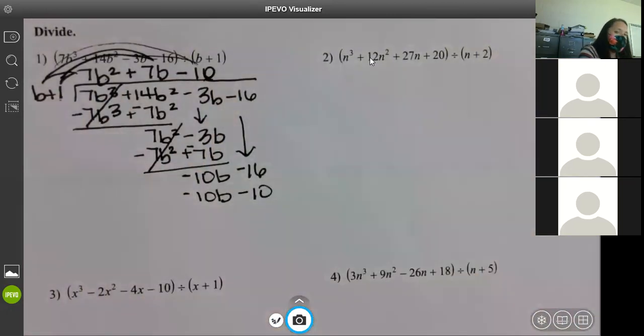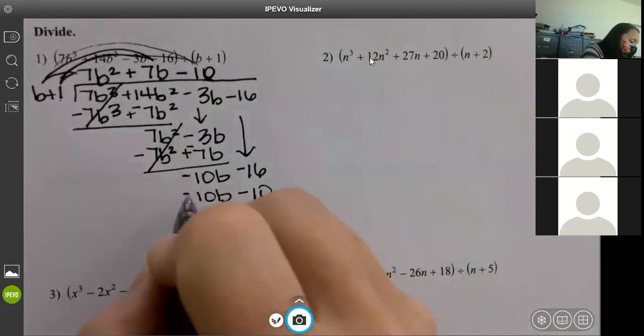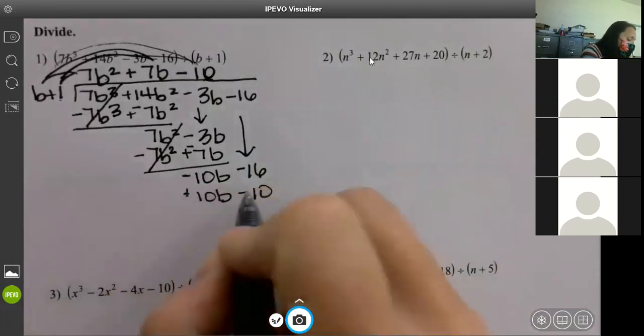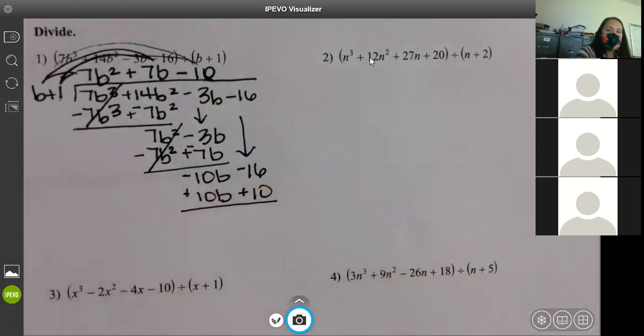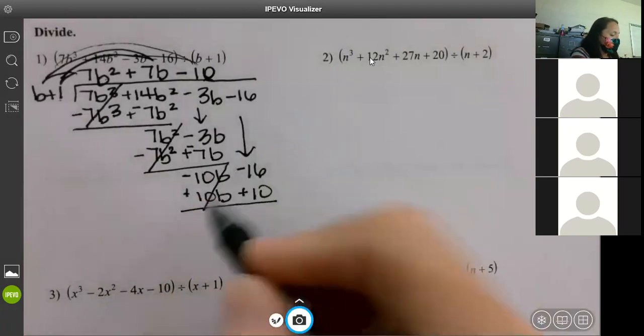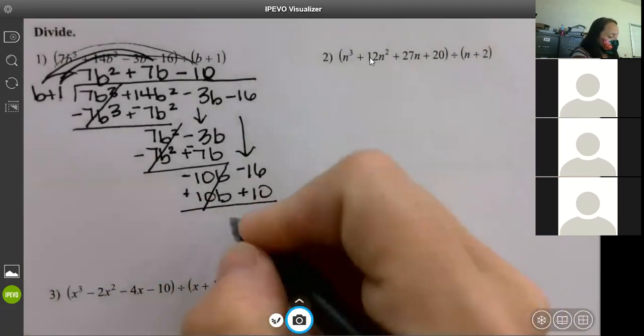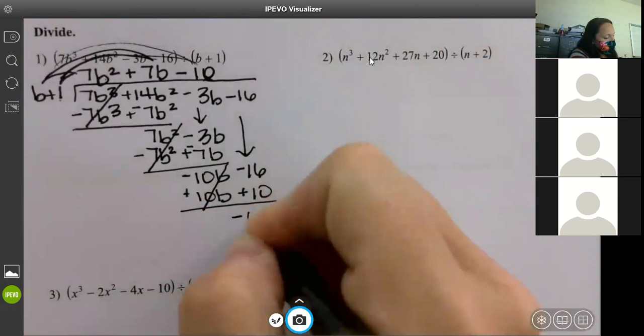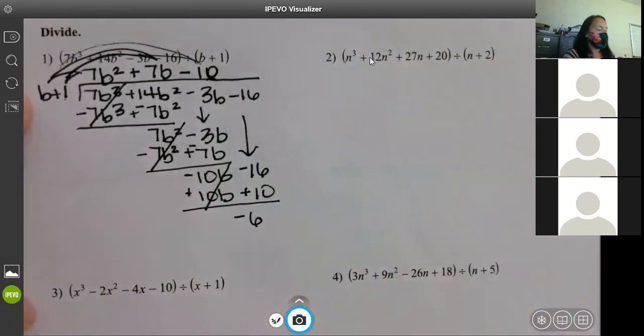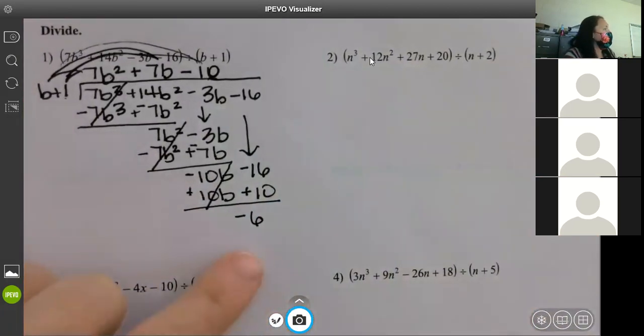Negative 10. How do I get them to cancel out? Subtract or change the signs. Change the signs. Your 10b's cancel out. What is negative 16 plus 10? 6. I can't multiply anything by b to get negative 6, so we're done.